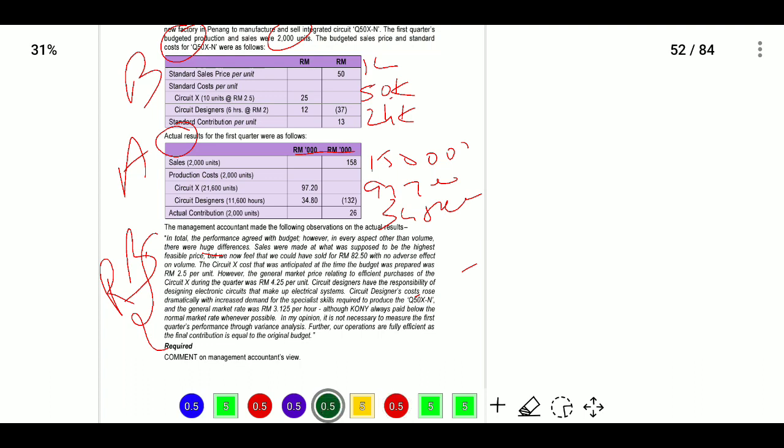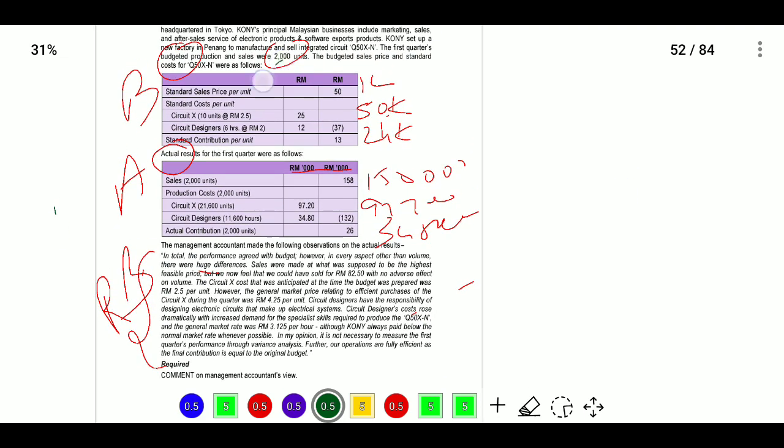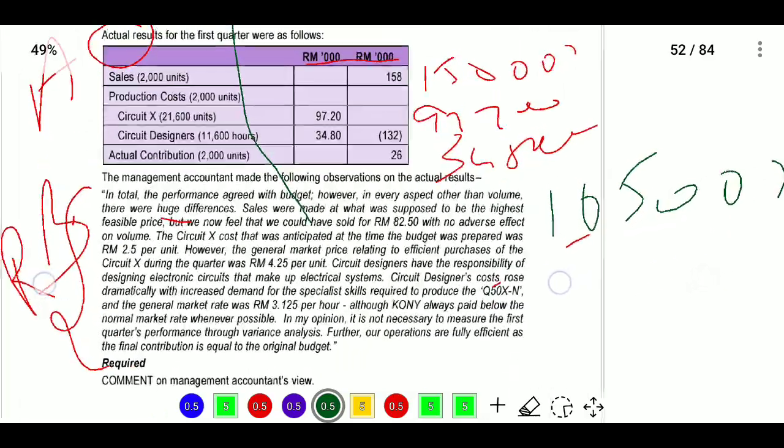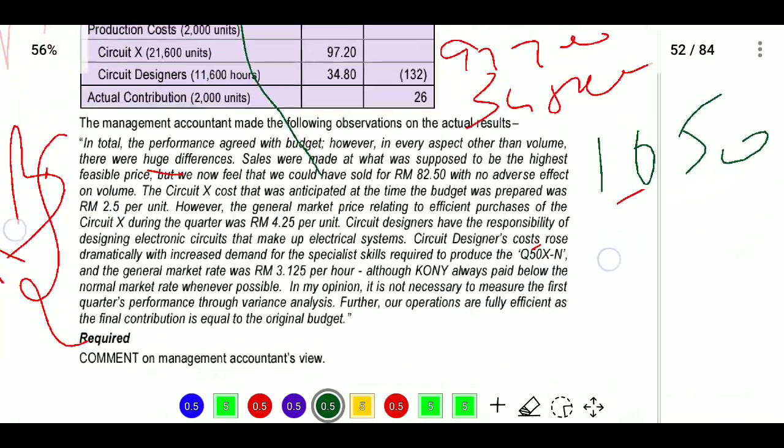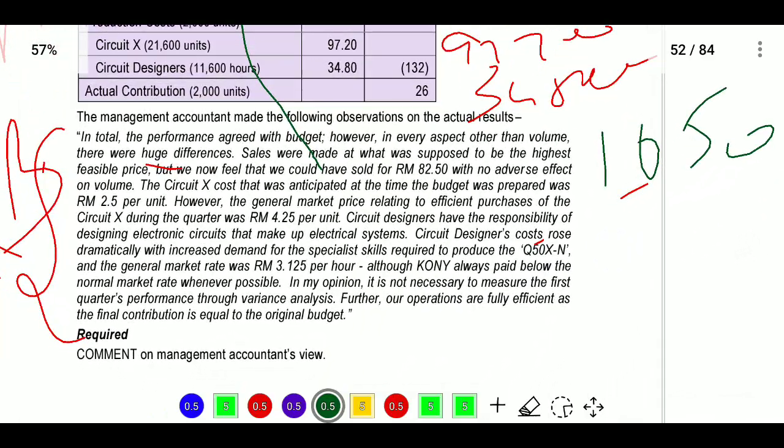Sales was recorded at 82.5 into 2000, so sales will be 1,65,000. With no adverse effect on volume, there is no difference in volume. We will take the 2000 units as it is.